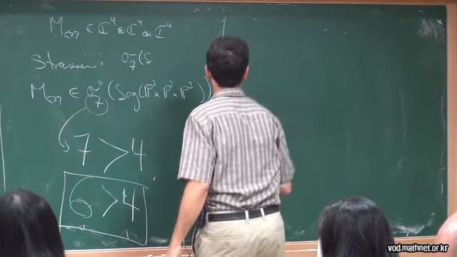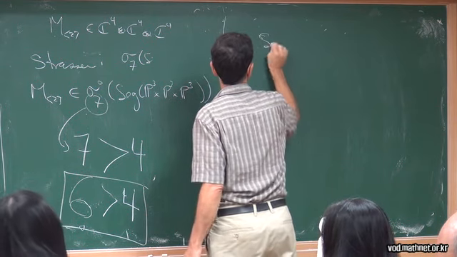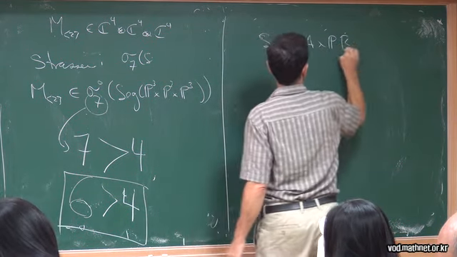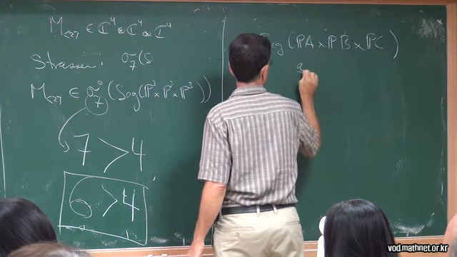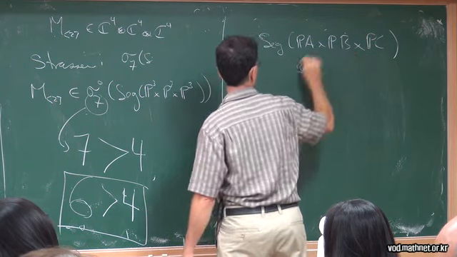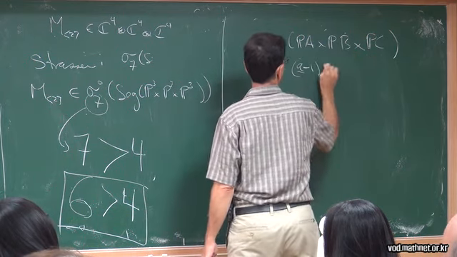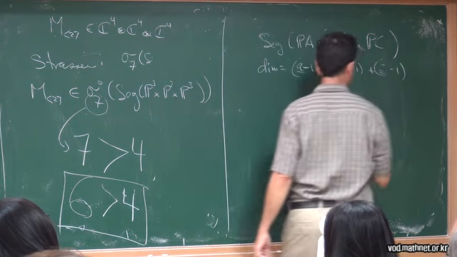So let's just do a little dimension count. In general, we have Segre of PA cross PB cross PC. I didn't prove it for you, but I leave it as an exercise. So it has dimension equal to A minus 1 plus B minus 1 plus C minus 1.